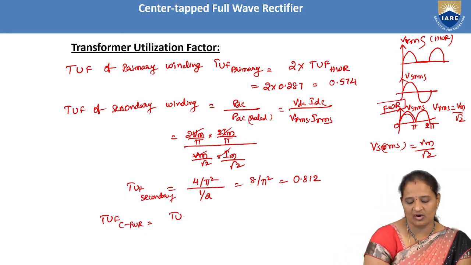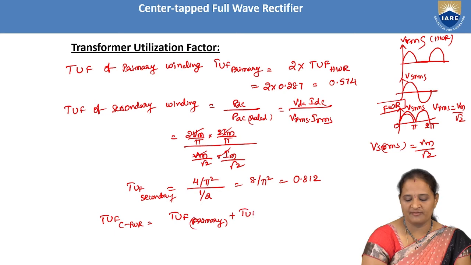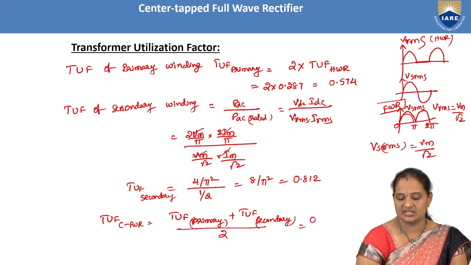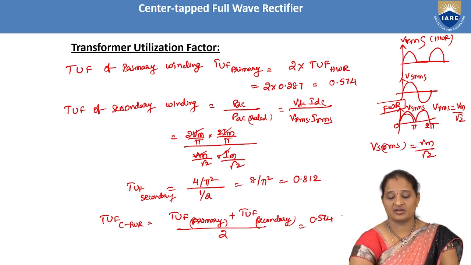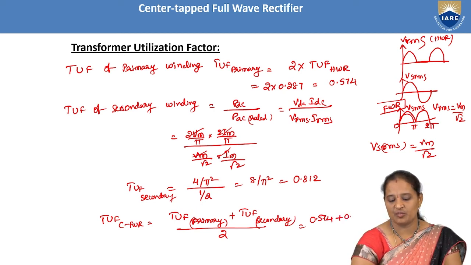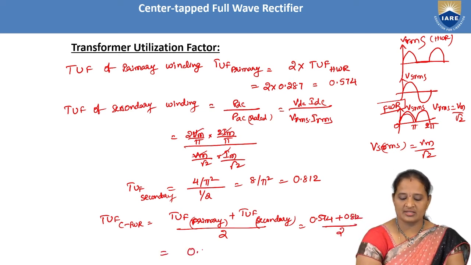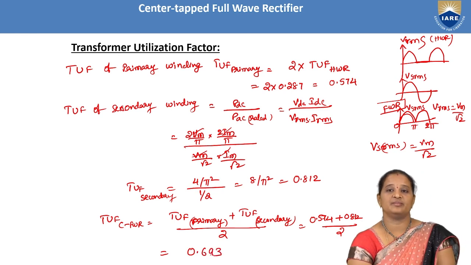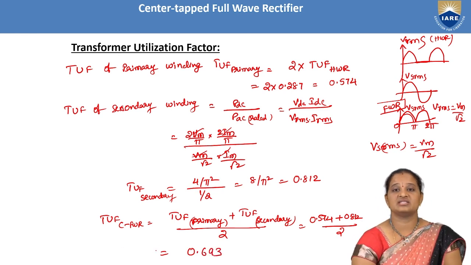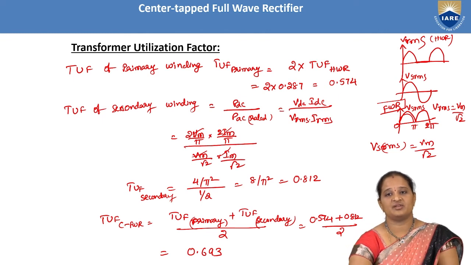So that we can write as TUF primary plus TUF secondary divided by 2, which is given by 0.574, the transformer utilization factor for the primary winding, plus 0.812, divided by 2, which we can get as 0.693. So this is the transformer utilization factor of the center tap full wave rectifier.